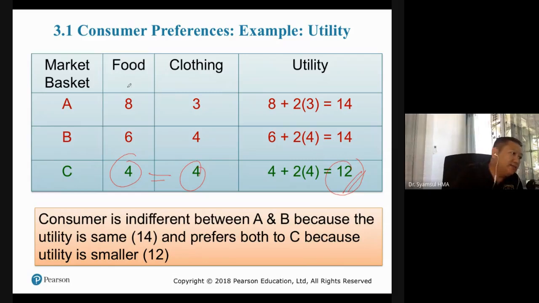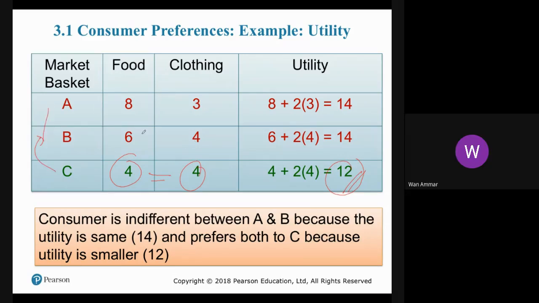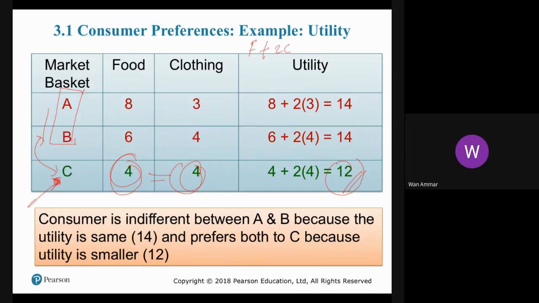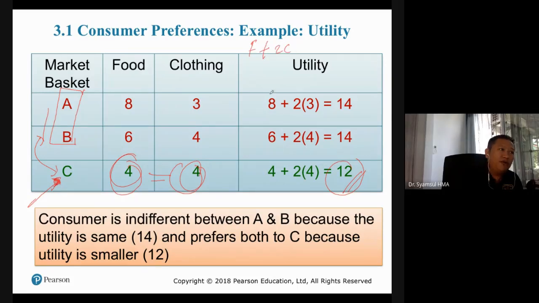So what can you tell? Not satisfied. The person choosing this will not have the same satisfaction as those who chose this, even though they're the same, because your function was F plus 2C. In order to get the same satisfaction, you must have 2 clothes.